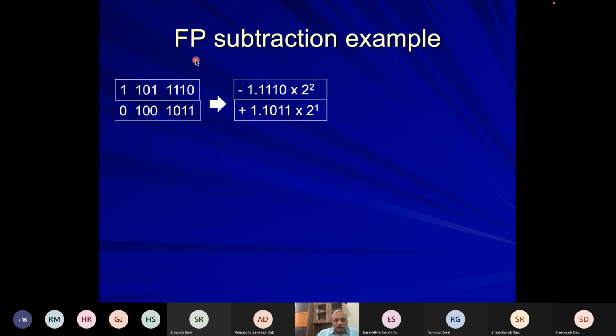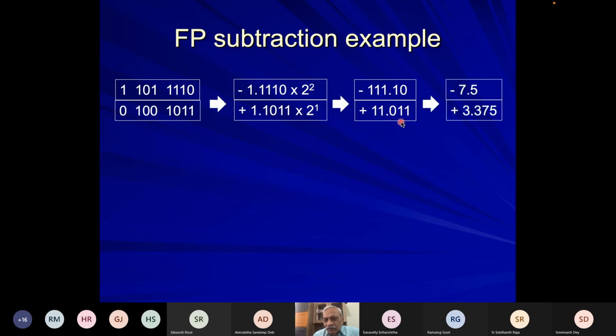From the exponent, I am subtracting the bias 3. This is binary 5, and 5 minus 3 gives 2. This is binary 4, and 4 minus 3 gives exponent 1. Now these two exponents are not the same, so we need to do adjustment. If you were doing it by paper and pencil, this is minus 111.10 and this is 11.011.